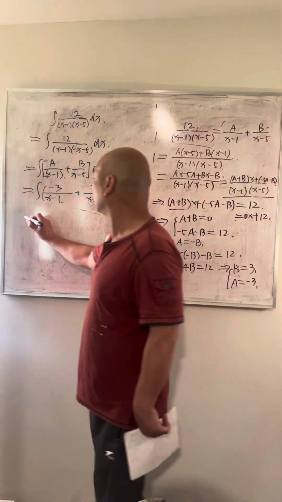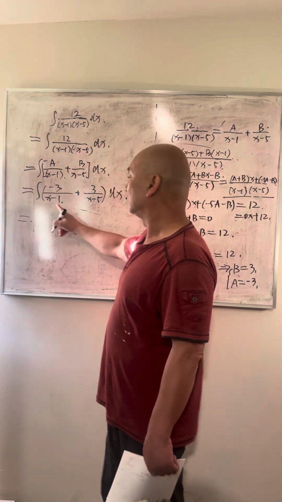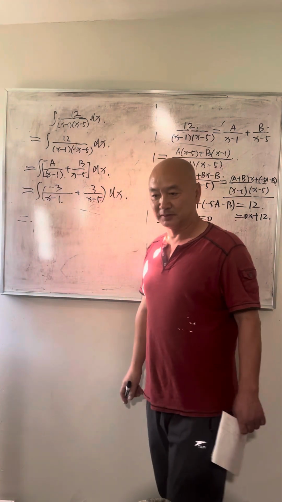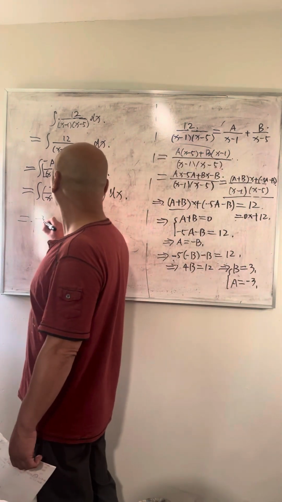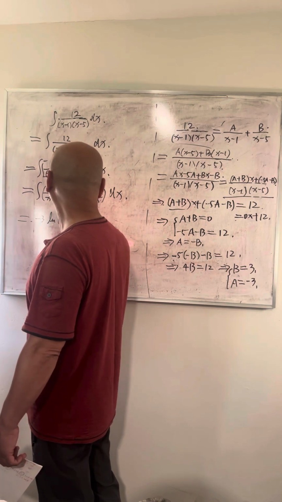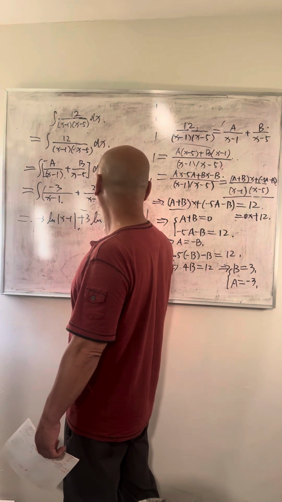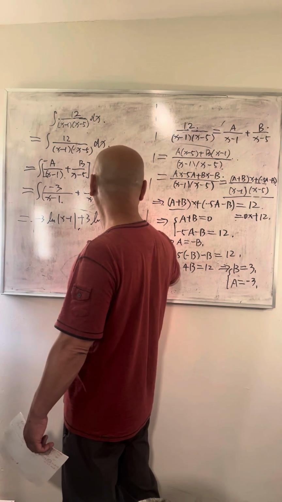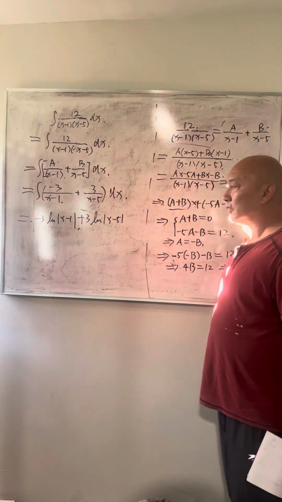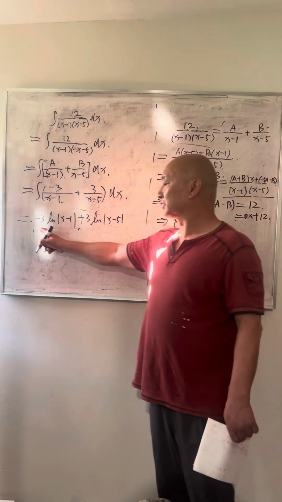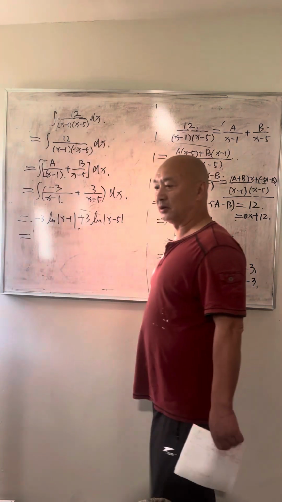Now we know this antiderivative plus the antiderivative of this. This we can apply the logarithm formula. That should be negative 3 log absolute value of x minus 1 plus 3 log absolute value of x minus 5. Now, write this as simply as possible. Apply the property of the logarithm.